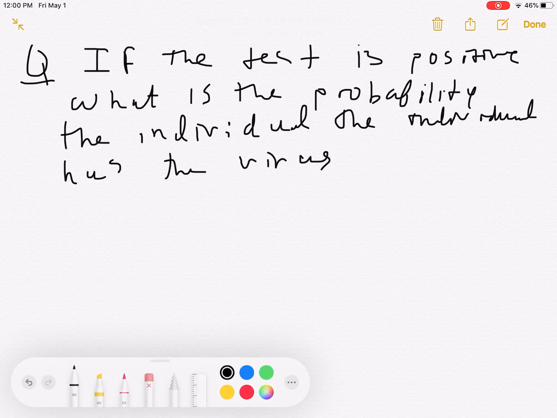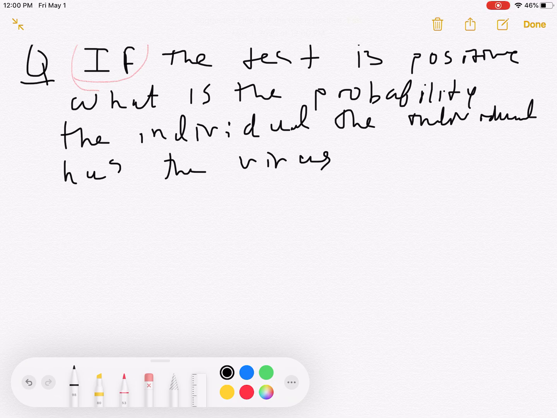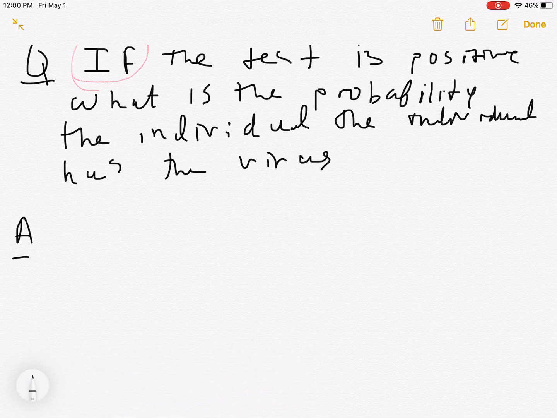Now, there should be a keyword that's going off in your head right now, and that's this if. That if is asking us to calculate something very specific. It's a conditional. So it's asking us to calculate probability of virus given positive test.